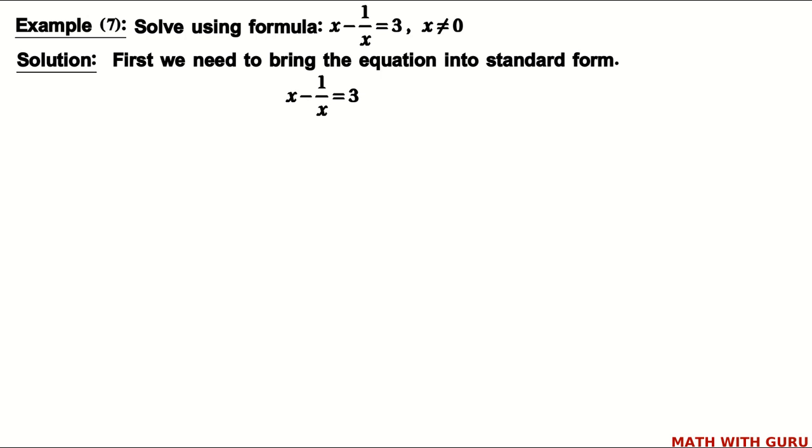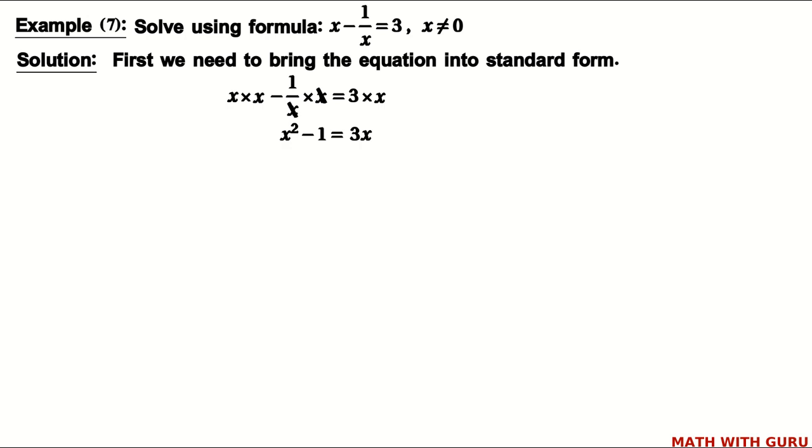Here, we need to get rid of the denominator x. For that, we shall multiply the entire equation by x. x into x minus 1 over x into x equals 3 into x. x and x get cancelled. x squared minus 1 equals 3x.